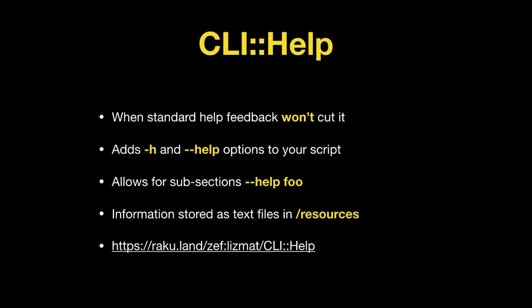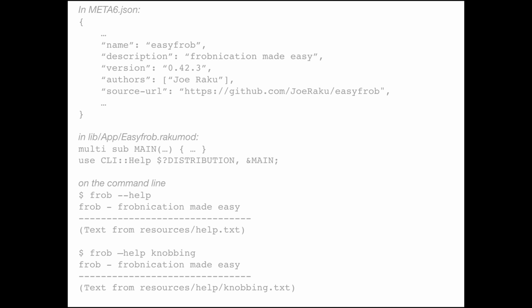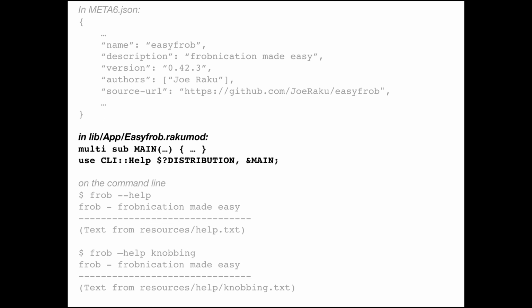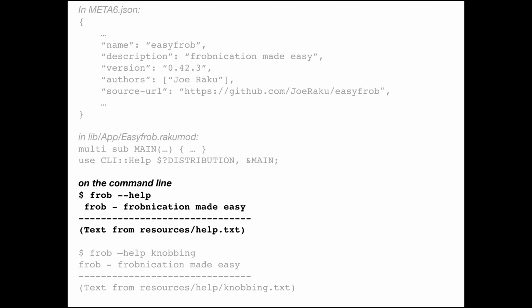So suppose that we have this in meta6.json, the name, description, version, authors, source URL, and you put use CLI help and give it the distribution and the main. Then if you call your script with --help, it will actually give the information and then show the text from resources/help.txt.